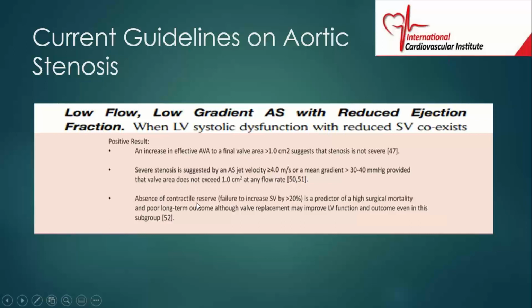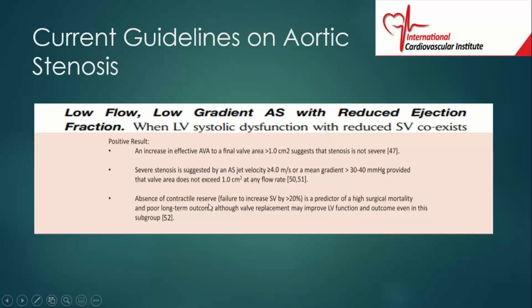And then there's another situation, where the heart muscle may be so damaged that given dobutamine, you cannot increase contractility and you cannot increase the stroke volume. So these are a special group of patients because they don't have what we call contractile reserve.